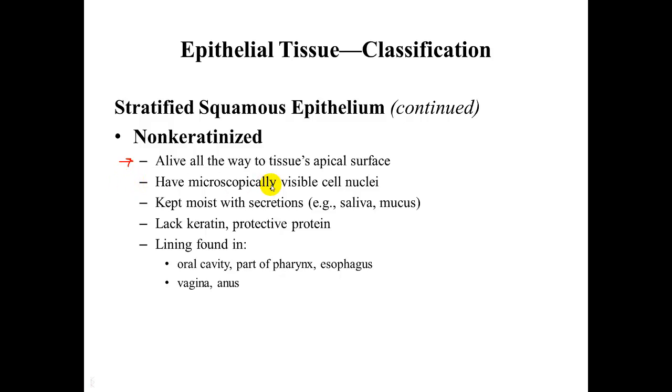They have visible cell nuclei in all layers, and they are kept moist with secretions, for example saliva or mucus. They do lack keratin. Keratin is a protective protein that is found within these cells, and they are typically found as lining in places such as the oral cavity, the pharynx, esophagus, and the vagina and anus.